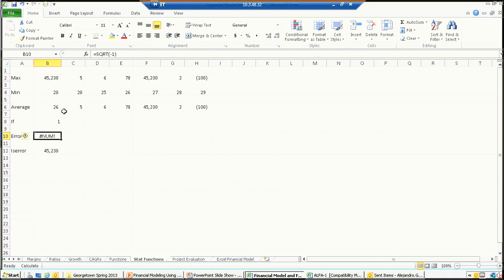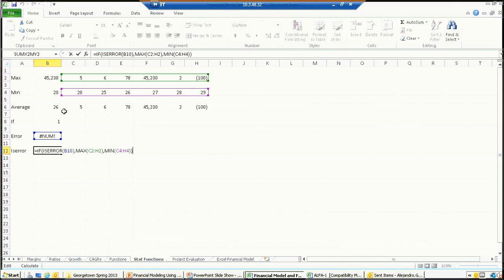Another function that is useful to clean data is error. So for instance, Excel is not very well suited for imaginary numbers, so the square root of -1 returns #NUM. So there's a function here, if, and this is another example using if with something other than greater or less or equal than.